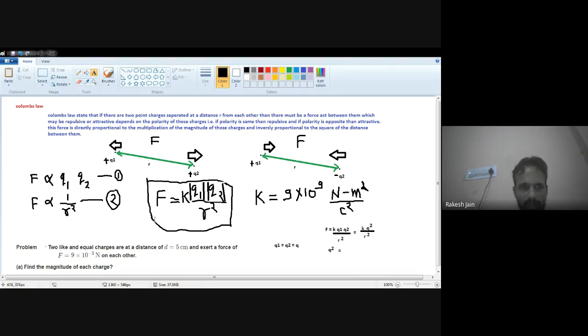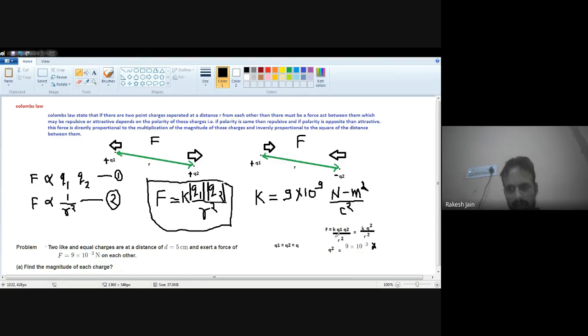What is F? F is 9 multiplied by 10 to the power minus 3 Newton. So in place of F, I write down 9 multiplied by 10 to the power minus 3, multiplied by R square.